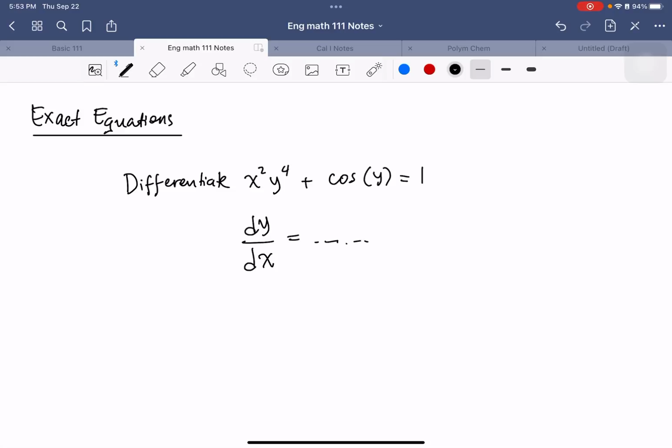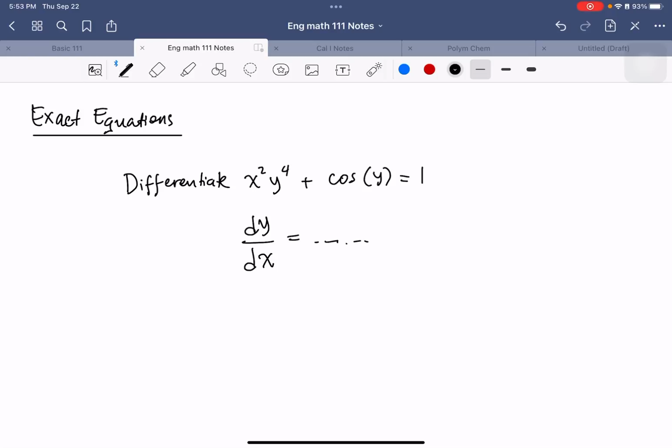That's the goal, we need to find dy over dx. So this is an intro for the exact equations. You can do it with partial derivatives, or you can just use implicit differentiation. I think just using implicit is really possible.